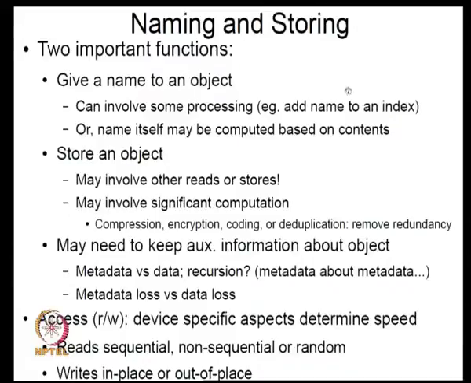Again, if you are asking for storing and retrieving stuff, it turns out there are device specific aspects that determine speed. For example, tapes have a notion that you have to read and write sequentially, whereas discs can be more random access.